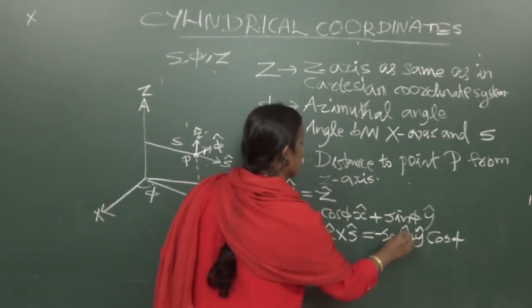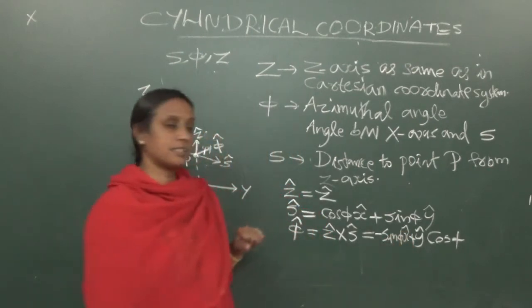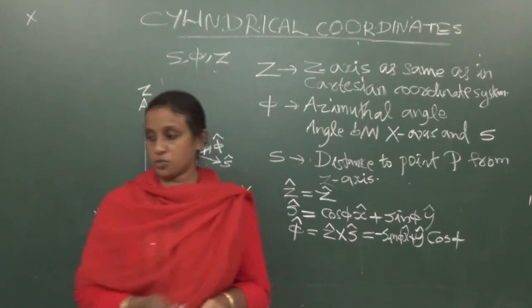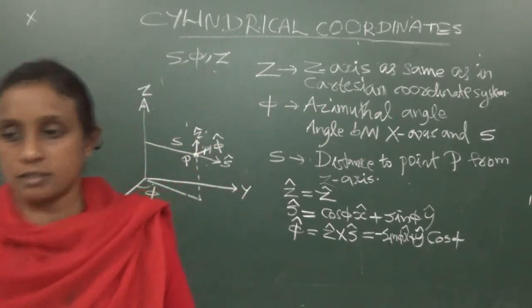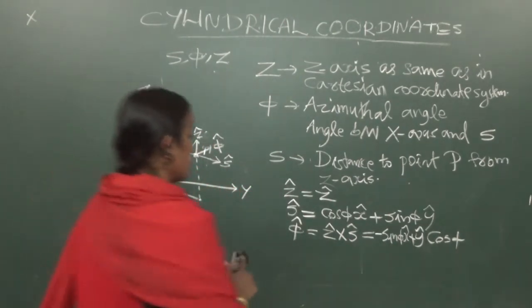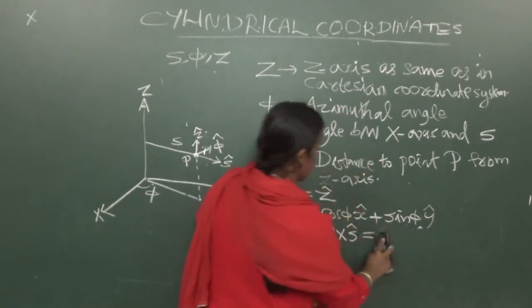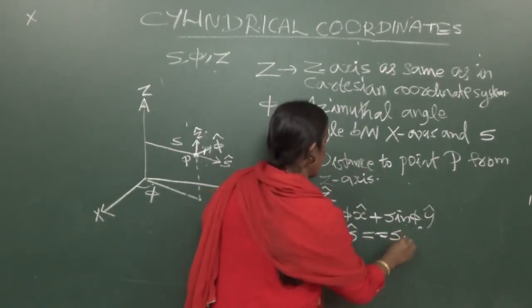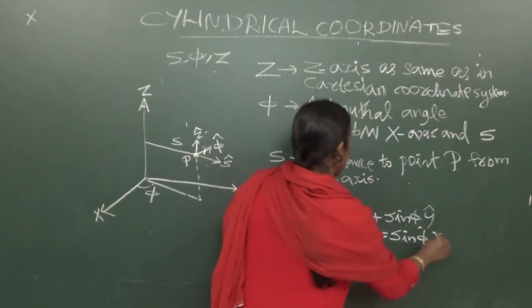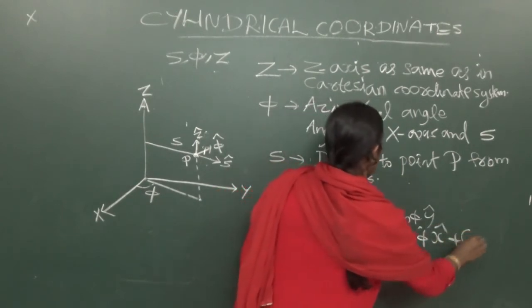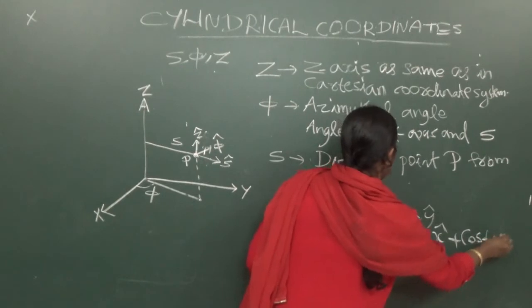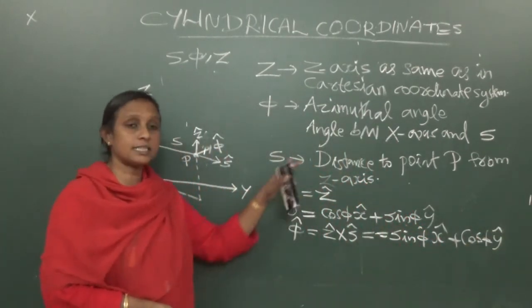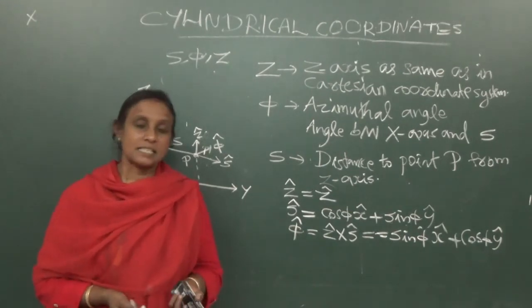So I can write it here: minus sin phi X cap plus cos phi Y cap. These are the unit vectors.